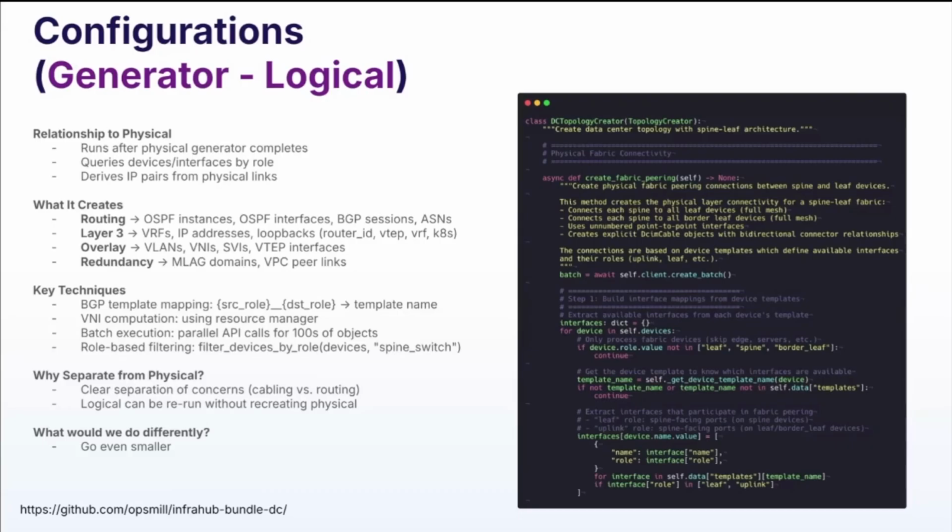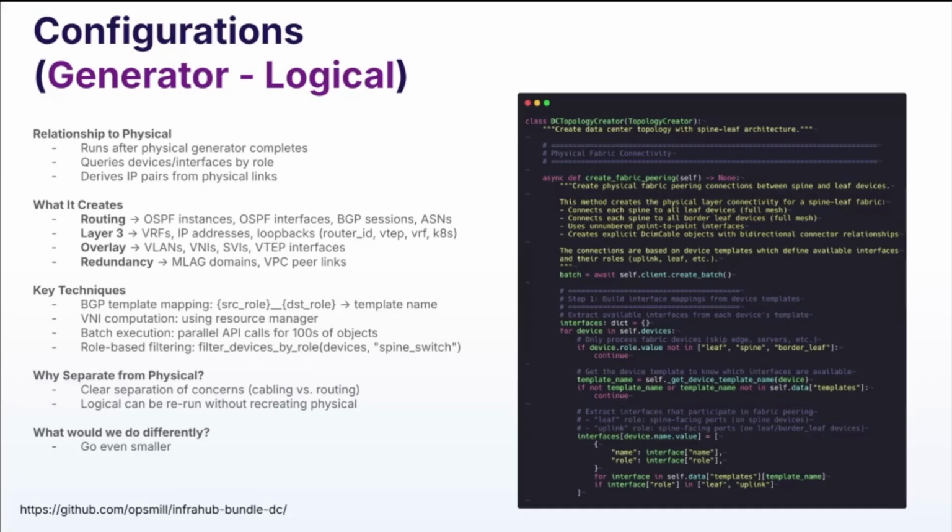We used IBGP, so links didn't necessarily matter, but we understood what leaf and spines existed within the pod and how to connect those. And with such a large deployment, there were a bunch of prefixes to assign to links, as well as two IP addresses on each side.